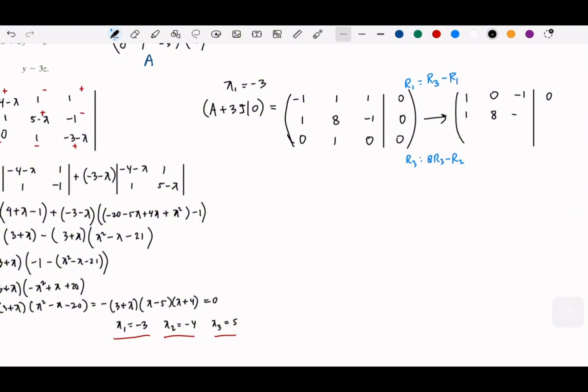I think this takes longer. Let me change to another one. Maybe R2 minus 8 R3. I think this will be better. 1, 0, minus 1, 0.